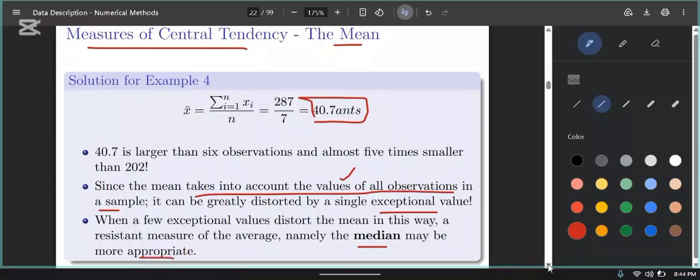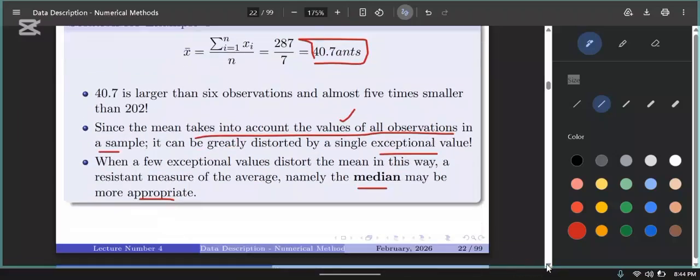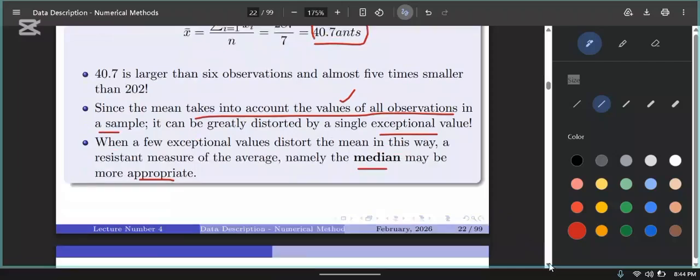But if there are no outliers, it's better to use the mean, because it will take into account all observations in the sample. The median doesn't take into account all observations, because we just look at the middle number. Median simply means midway.